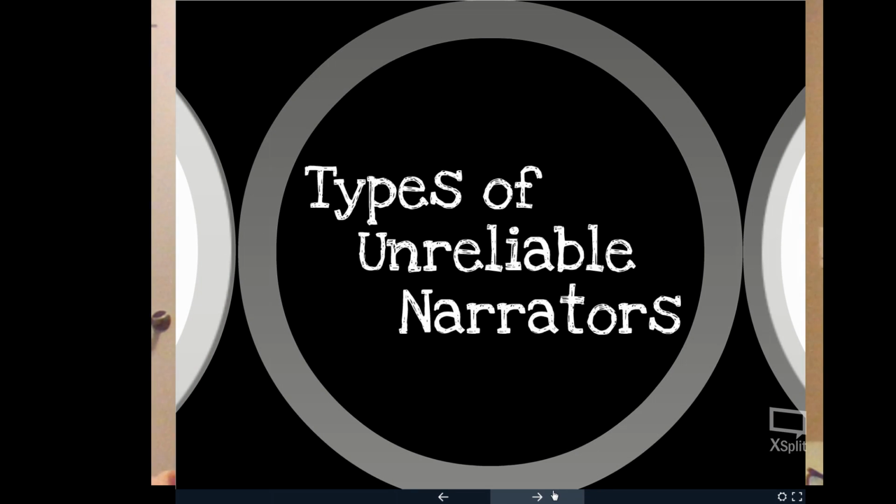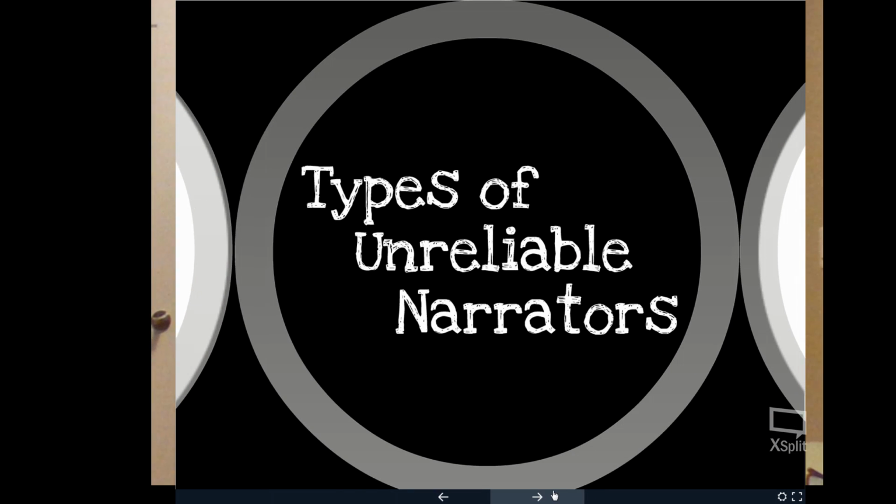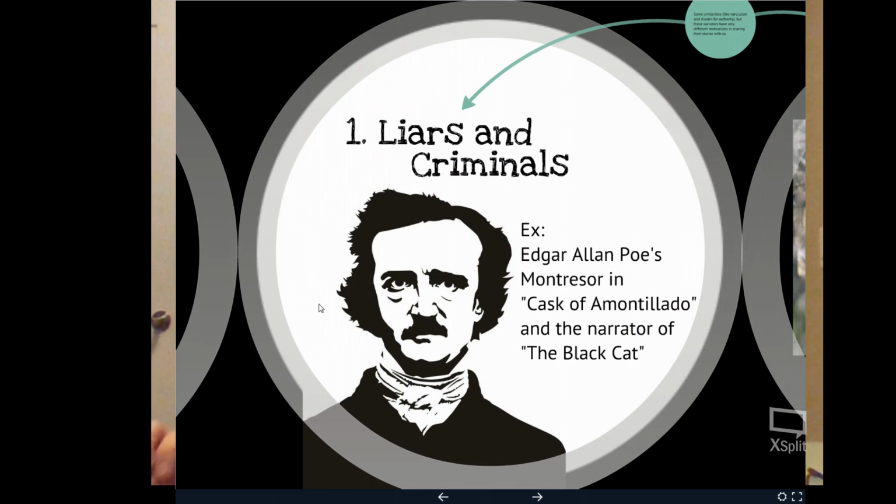Now, there are different types of unreliable narrators. There are liars and criminals. For example, Edgar Allan Poe's Montresor in The Cask of Amontillado, and the narrator of The Black Cat.